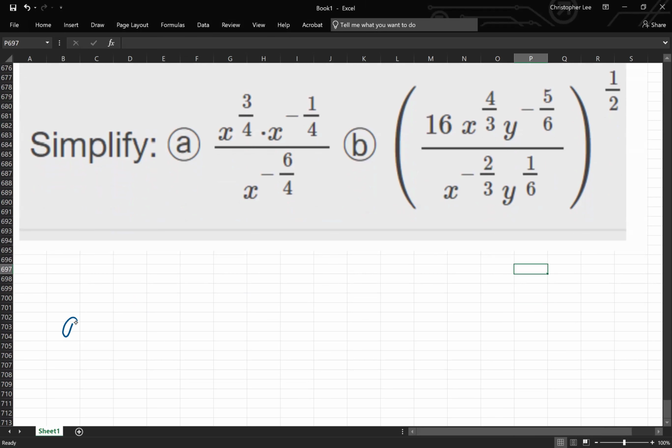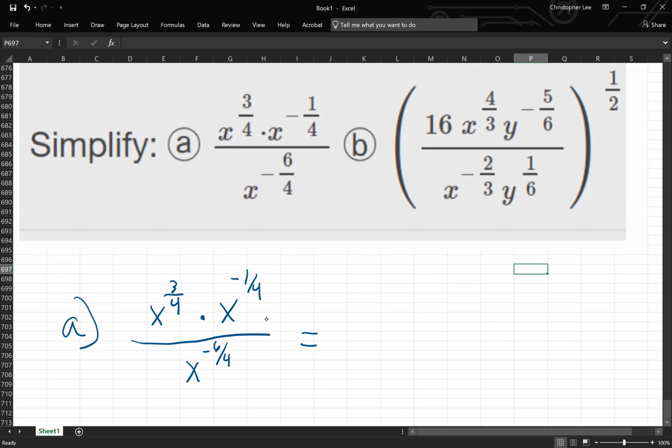All right, let's look at this. So for A, right? I have x to the 3 over 4 power times x to the negative 1 over 4 power divided by x to the negative 6 over 4 power, right? Just do the top, then do the bottom, right?